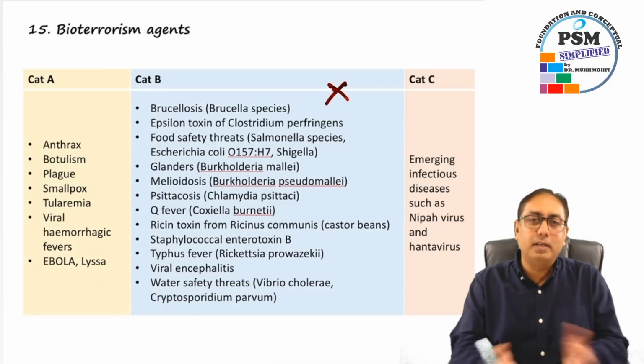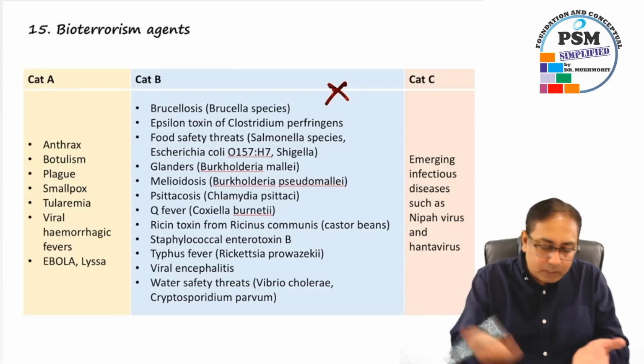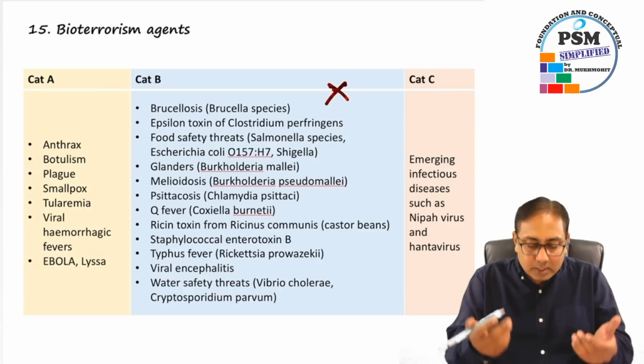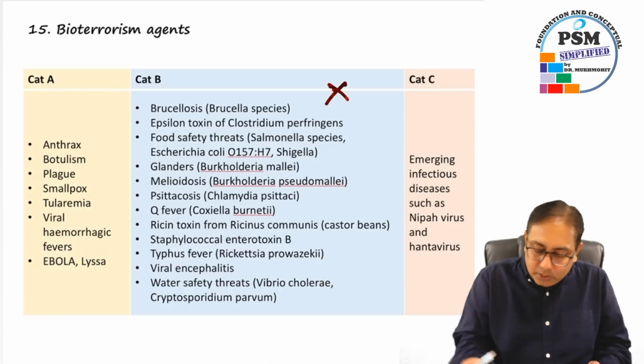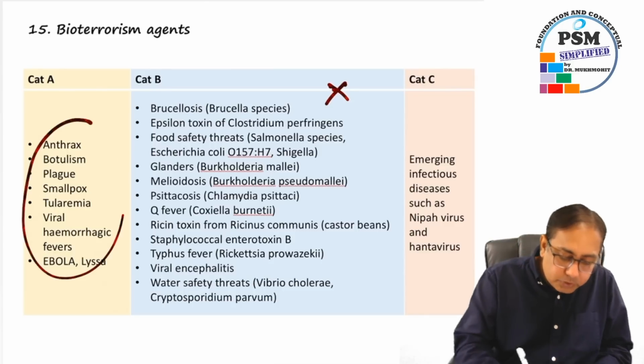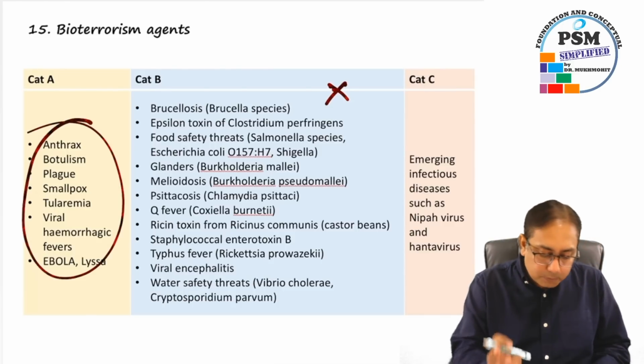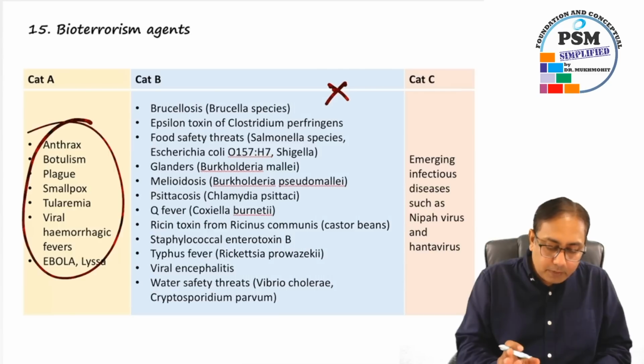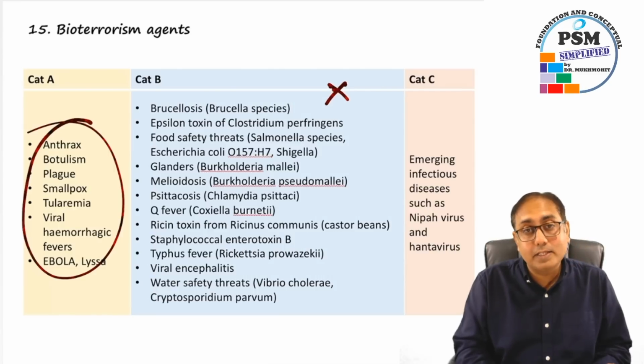Category B contains all the common diseases, like you can read: brucellosis, psittacosis, Glanders disease, Escherichia coli, typhus, staph, viral encephalitis, cholera, everything. Category A, you should remember: anthrax, botulism, smallpox, plague, tularemia, viral hemorrhagic fever, Ebola, Lyssa viruses.